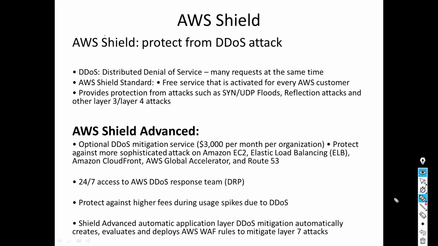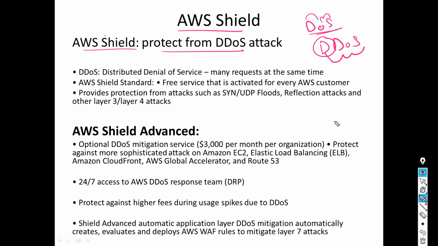I generally ask these questions in the interview. AWS Shield protects from DDoS attacks, right? There is one attack, as Naresh said, DOS attack, and one is DDoS attack. DOS means denial of service. DDoS is distributed denial of service, where your source is changing, right?